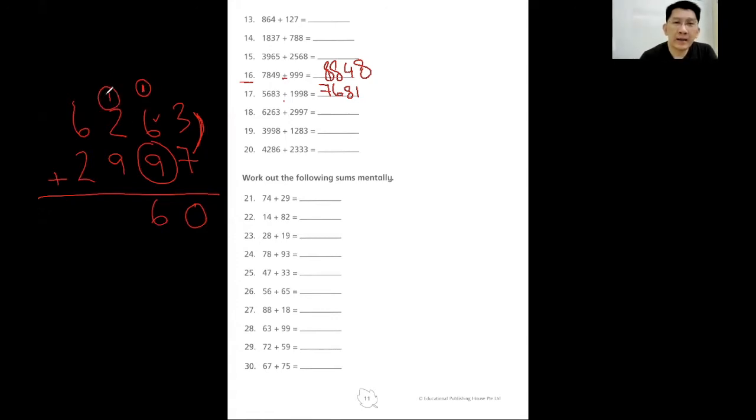1 and 9. Okay, 1 plus 9 is 10. 10 plus 2 is 12. 12 has 2 digits. Okay. Back digit goes here. Front digit goes to the top. All right.